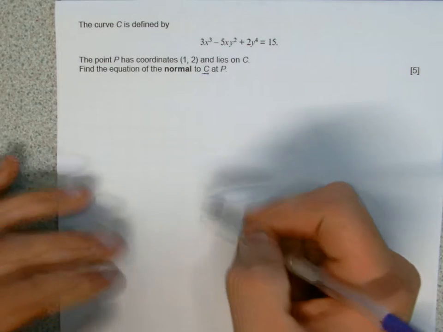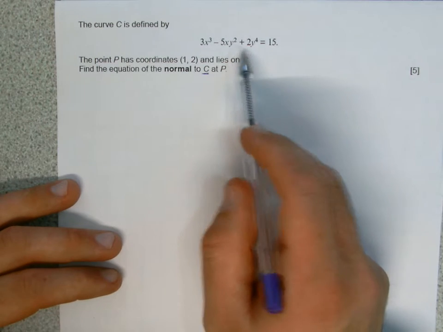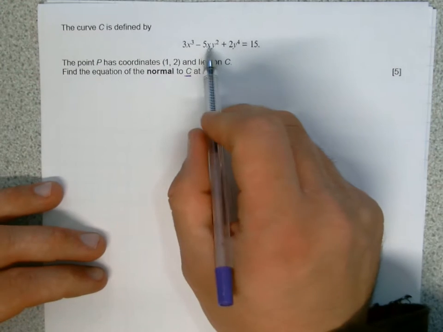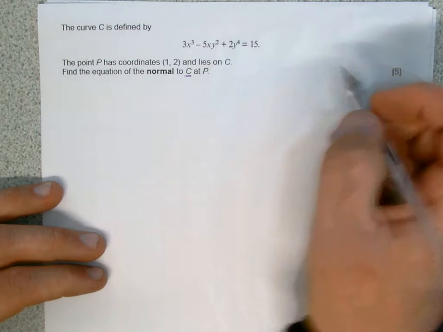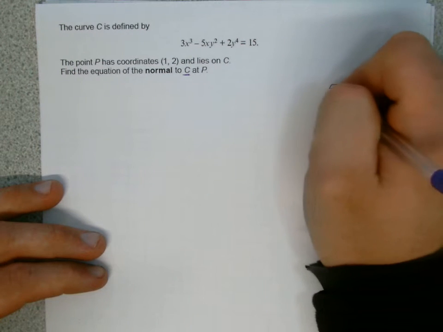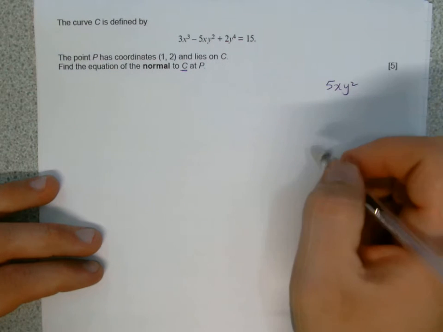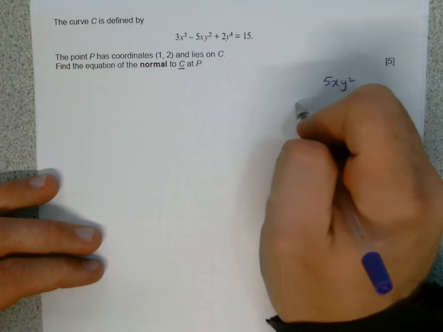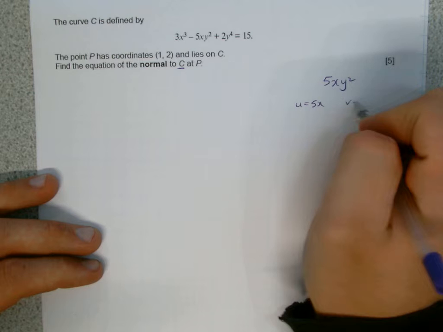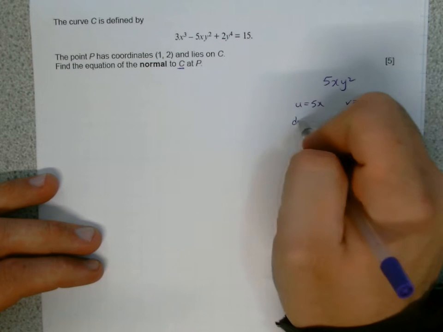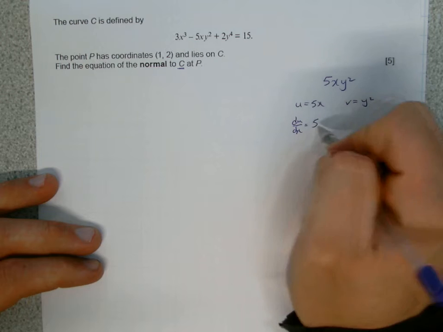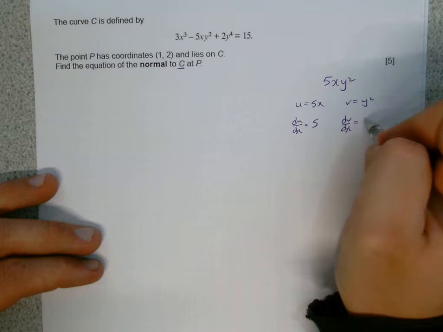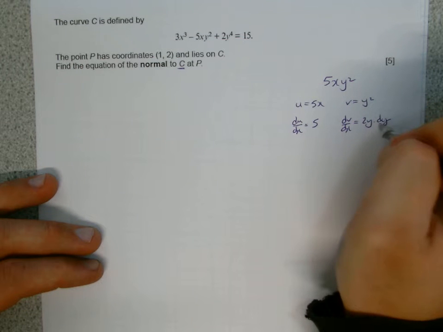So we can do the same sort of thing again. We're going to differentiate this first to get dy/dx, and then we'll go into all of this later. We've got a product here, 5xy squared. So I'll work out the product differentiation of this. Set u equal to 5x and v equal to y squared, so du/dx equals 5, and dv/dx, you differentiate with respect to y first, then put a dy/dx at the end of it.